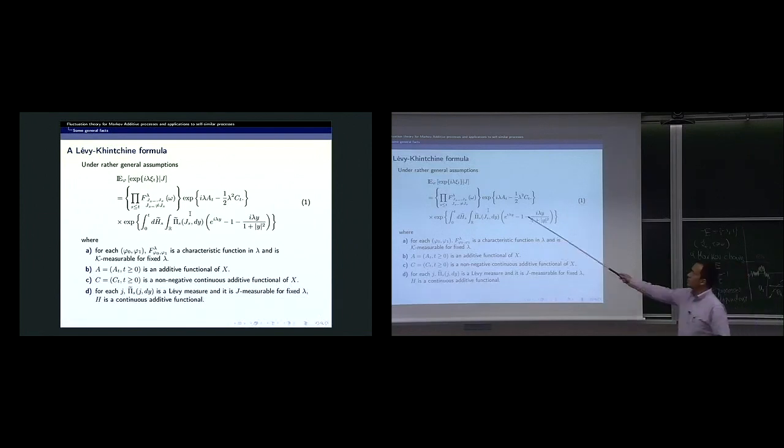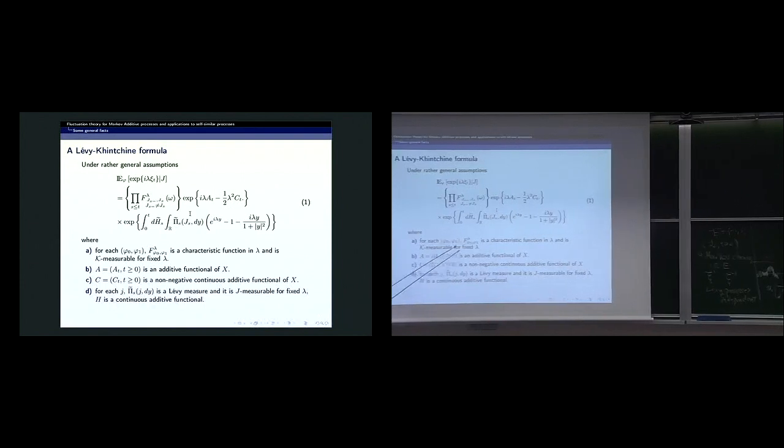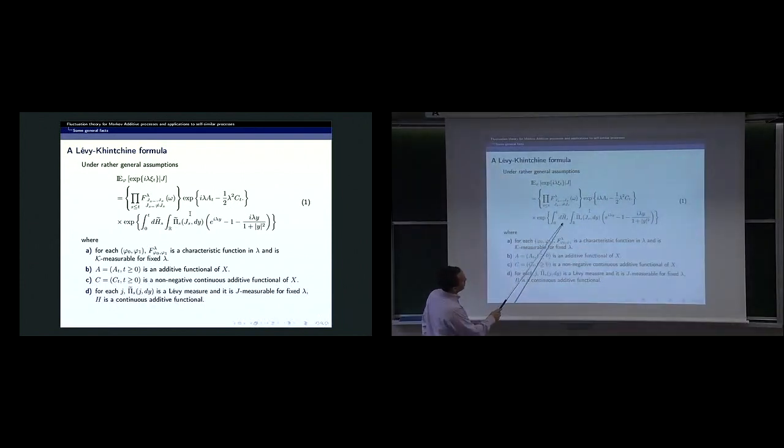So these two are continuous additive functionals of the process J. This is wrong, it should read J. And notice the form of the Lévy measure. Here we have another additive functional.